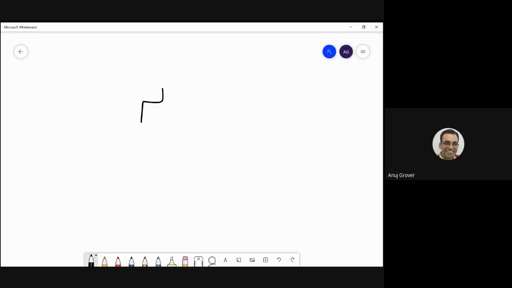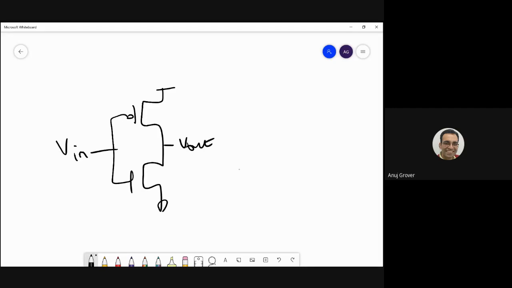So what I'm saying is that if this is an inverter, V in, V out, there was a C out on this, and obviously this has a capacitance. This is VDD. This ground has a capacitance. There is capacitance to the substrate. There is capacitance to so many things. There is some capacitance here also.